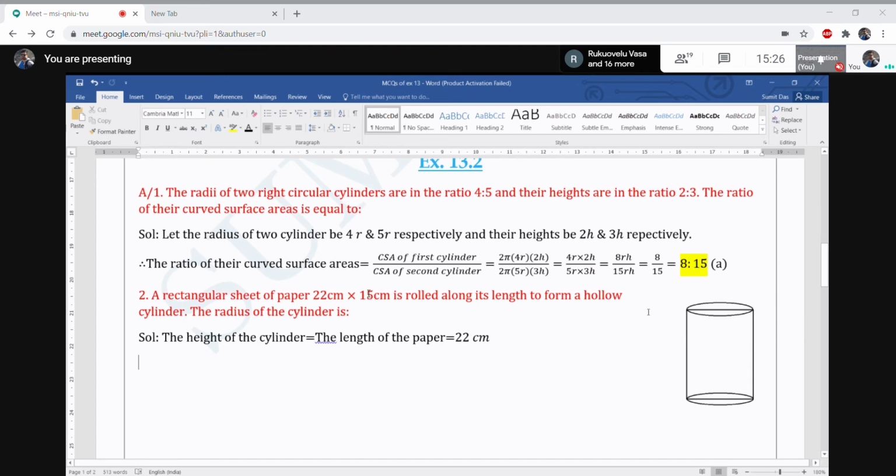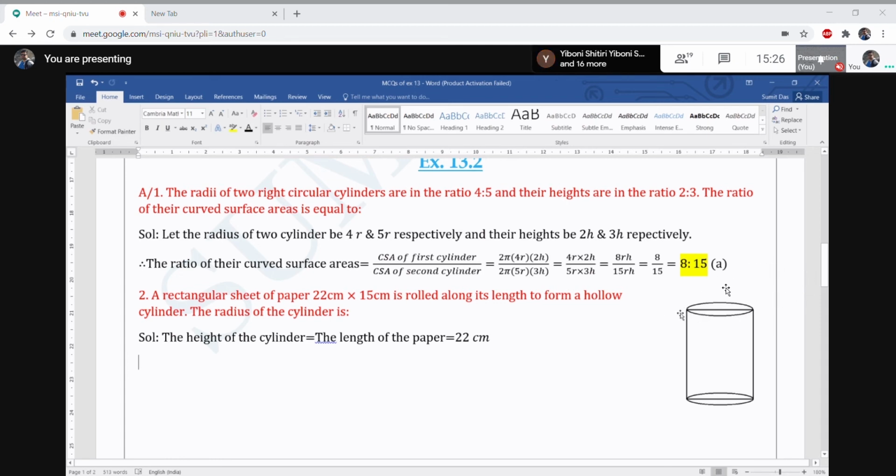If you try at home with a paper and roll it to make a cylinder, you can see the breadth is equal to, not curved surface area, the circumference of the base.